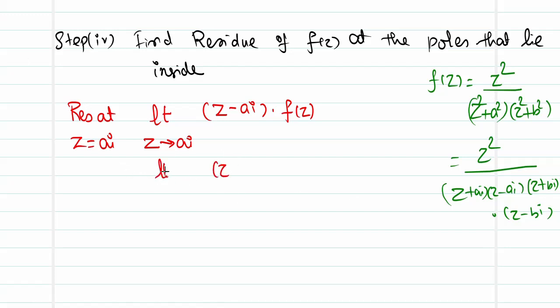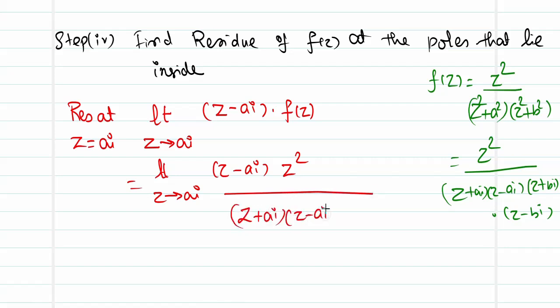So limit z tending to ai, (z minus ai) times z square divided by (z plus ai)(z minus ai). Now this is not going to be affected, so I can keep it in the unexpanded form as z square plus b square.